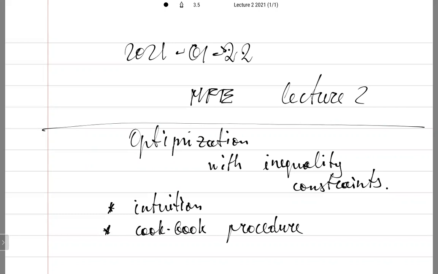I will provide a rigorous proof later, not today. So don't expect everything to be rigorous today, but we will provide intuition on how to deal with inequality constraints, and we will provide a cookbook procedure. So that's the plan for today.